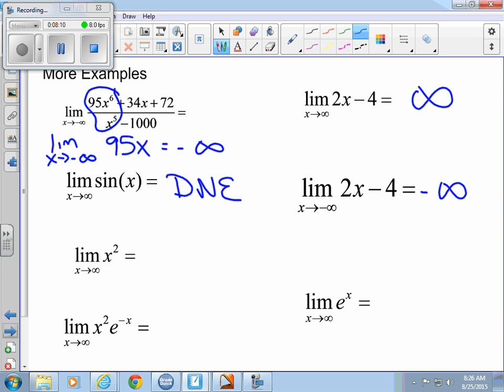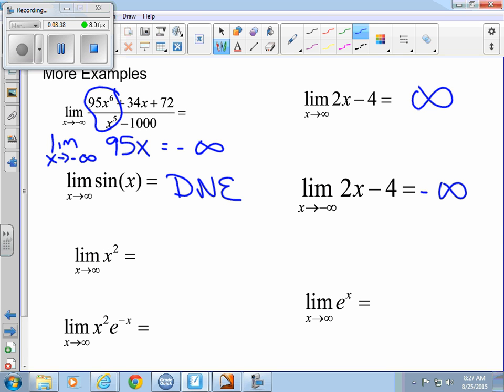So if I look at it graphically, as x approaches positive infinity, the line goes to positive infinity. As x approaches negative infinity, the line goes to negative infinity. What if I look at it numerically? 2 times a really, really big number is a really big number. 2 times a negative really big number is a negative really big number, right? Or small, depending on how you look at it.